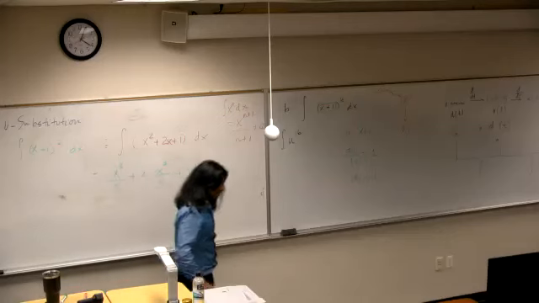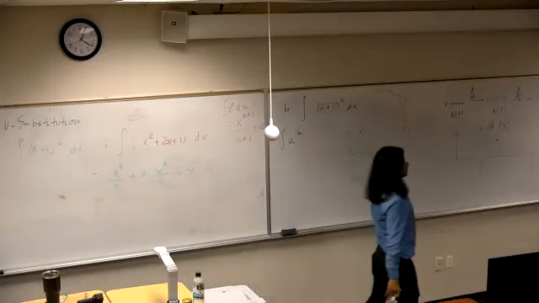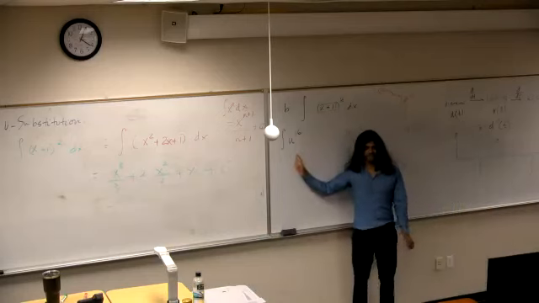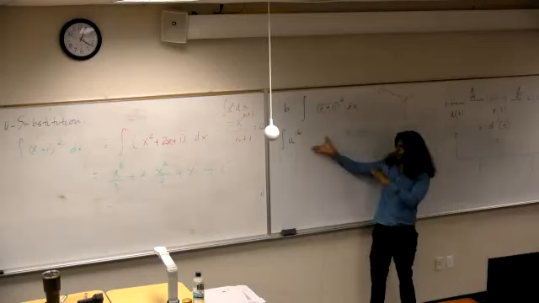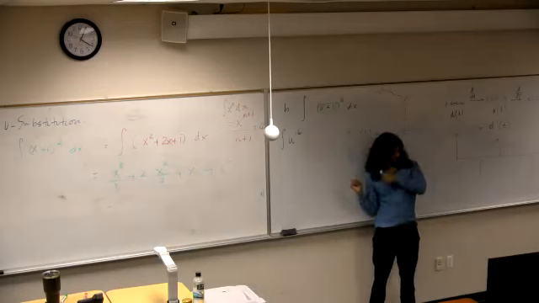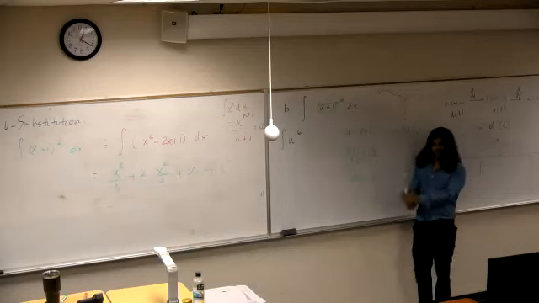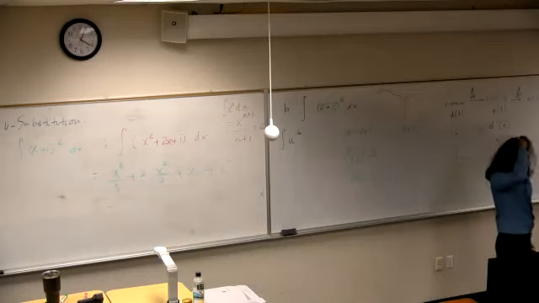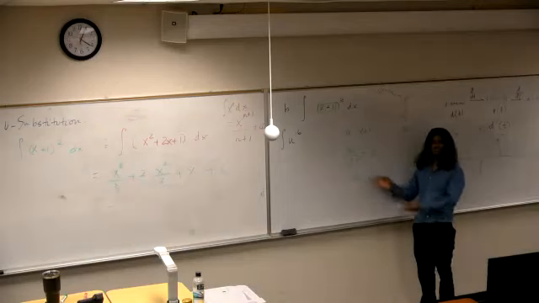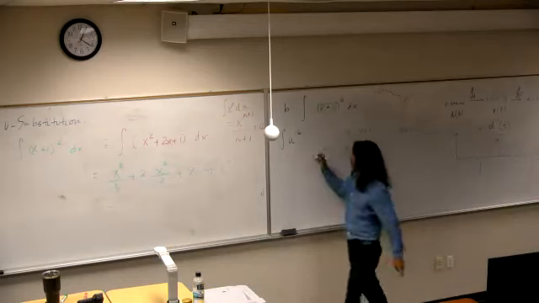If it doesn't, then your substitution would not work. So once you rewrite this, whatever leftover part that you would have here must equal du. Does it equal du in this problem? Yes. So du is just dx.